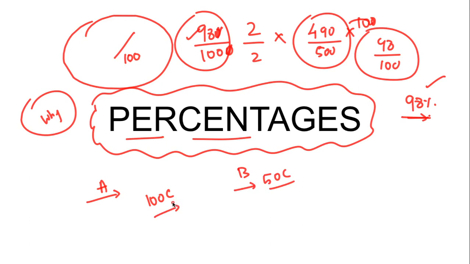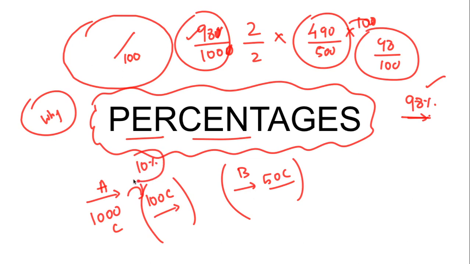You cannot tell only with this data, correct? Because we don't know the size of the company, the investment of the company, all that. Let us assume company A made an investment of 1000 crore and made a profit of 100 crores, just 10%, correct? Whereas company B had an investment of 50 crores and had a profit of 50 crores. So probably they are making a killing, correct? They are making 100% profit here.